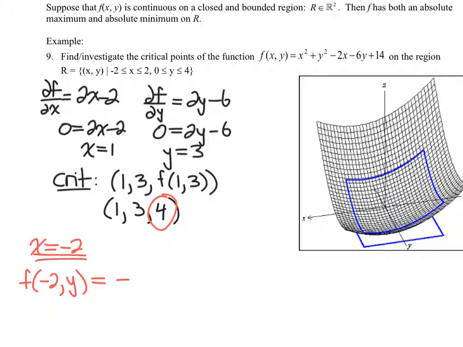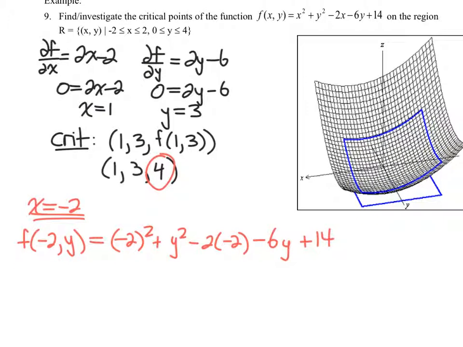So we're looking at negative 2 squared plus y squared minus 2 times negative 2 minus 6y plus 14. So it cleans up to y squared minus 6y plus 14.